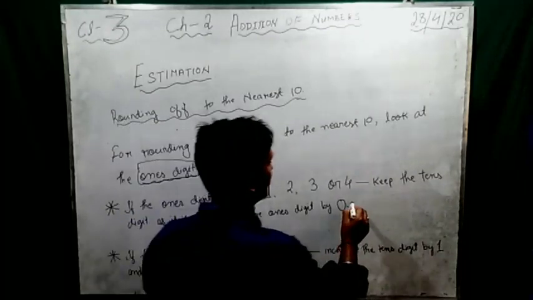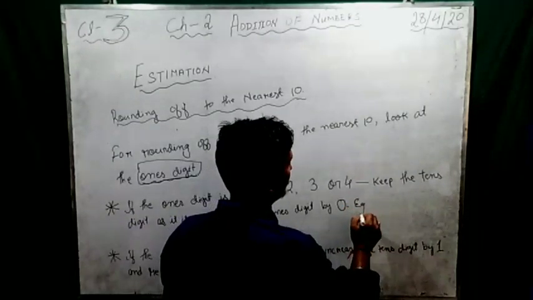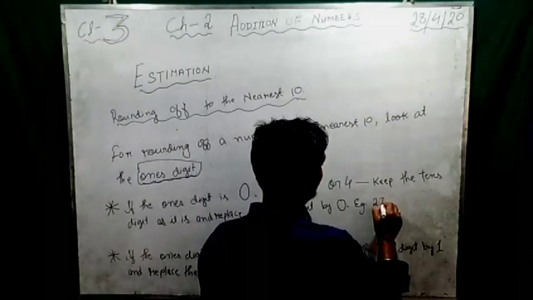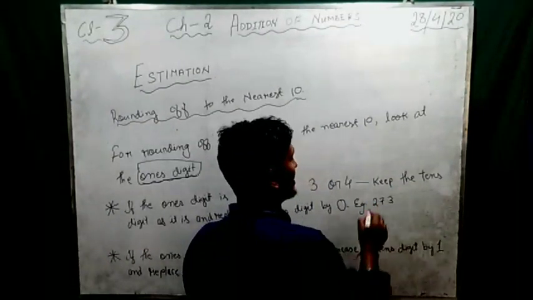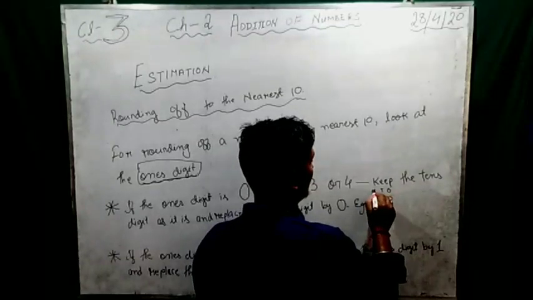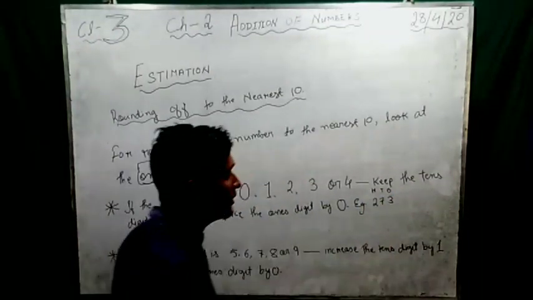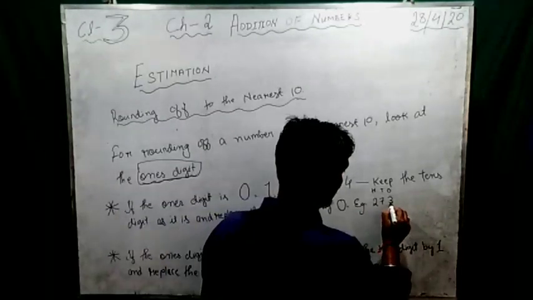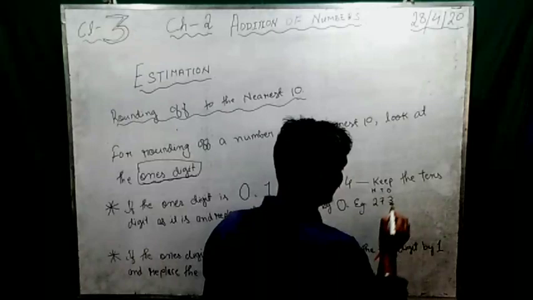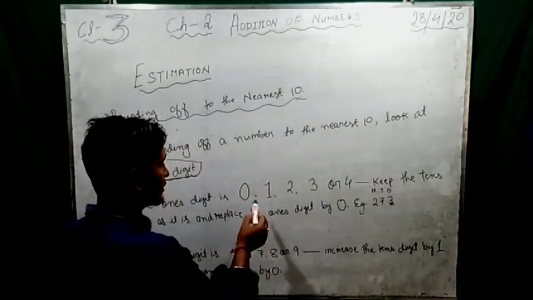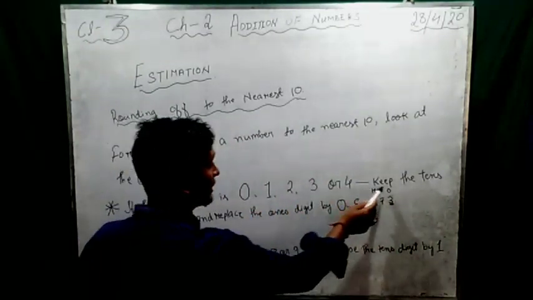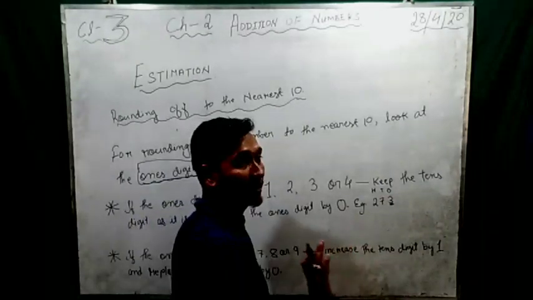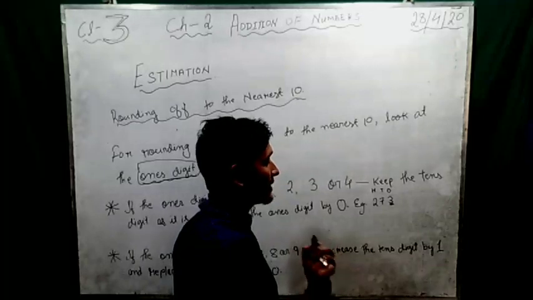See here. Suppose 273. So hundreds place, tens place and ones place. See the ones place number. What is this? 3. So if it is 0, 1, 2, 3, keep the tens digit as it is, meaning no change in the tens place number.